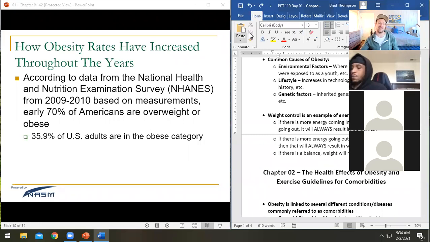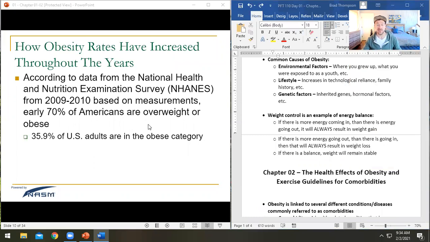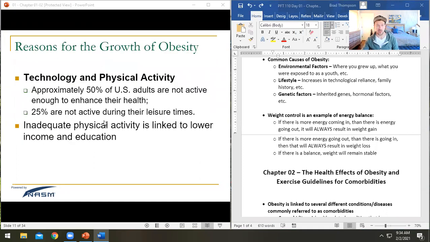So like I said, looking at these statistics, according to the data from the NHANES survey we looked at, 70% of Americans are overweight or obese. That's about 75% actually in at least the overweight category, with 35% being in the obese category. Like I said, that could be as high as 40. So what are the reasons?